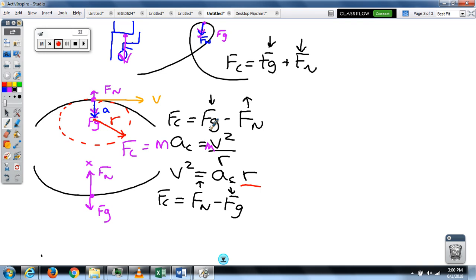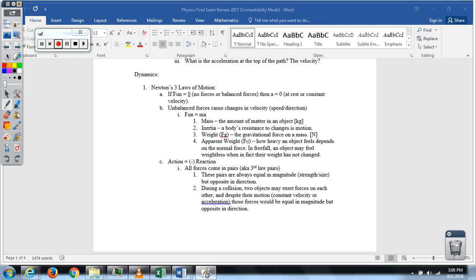The other concept on the first page that's also important is action equals minus reaction. So that's Newton's third law. That comes from the definition of force, that through every interaction, two forces are always created. The first force is the force of gravity.